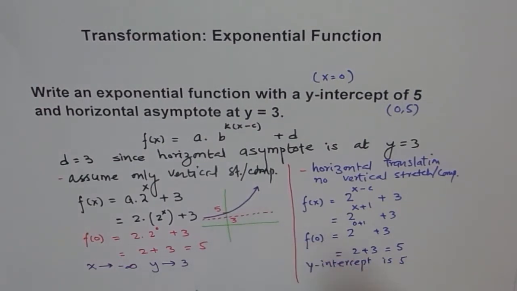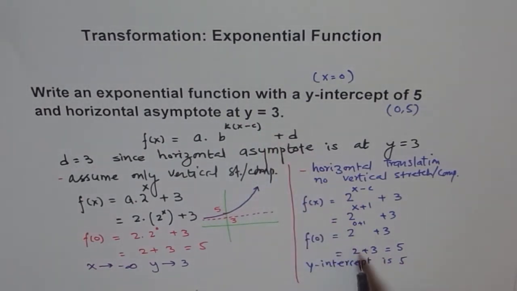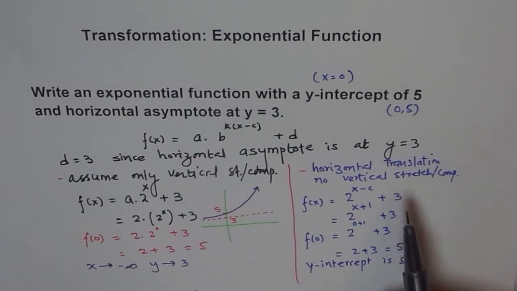Do you see that? In both the cases. So in one way, we stretched our function to meet the criteria, and in the other case, we horizontally translated our base function 1 unit to the left to meet the criteria and 3 units up. So in either case, we can get our solution.